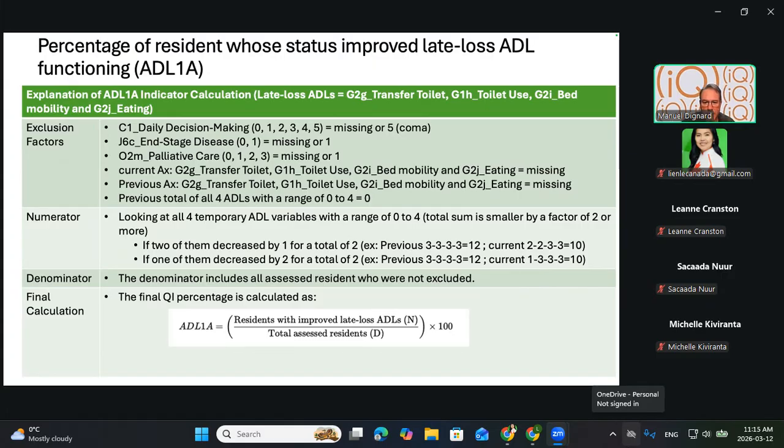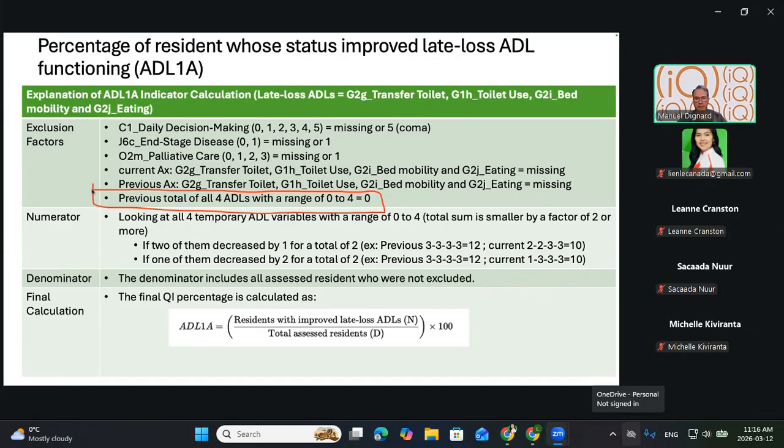So if we look at the calculation for this one, it's a little different. We're going to start with our exclusions, which are the same: data missing, missing. There's a new exclusion here, okay? The other two ADLs we just looked at, if they were independent in the previous one and they were still independent, they would give you credit for that quality indicator.